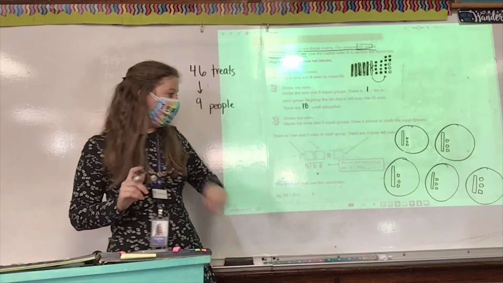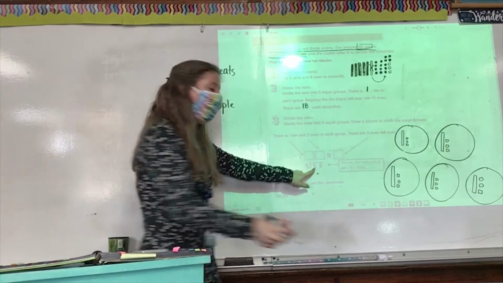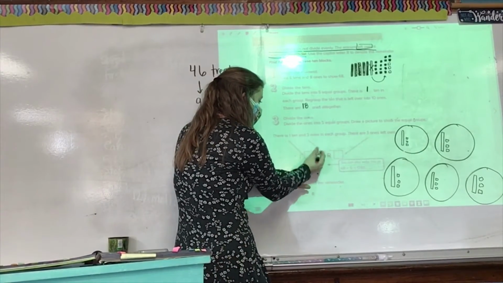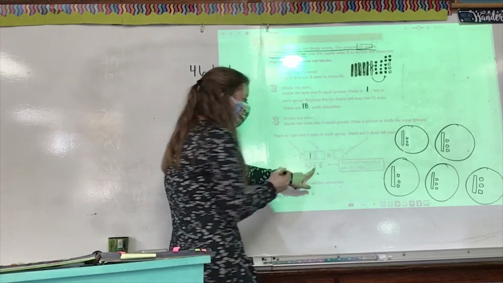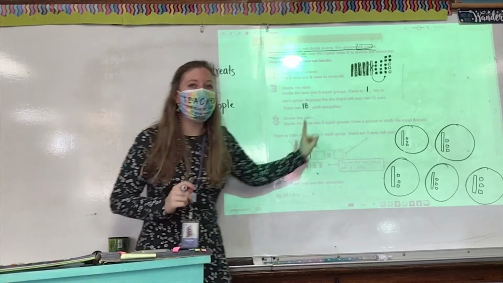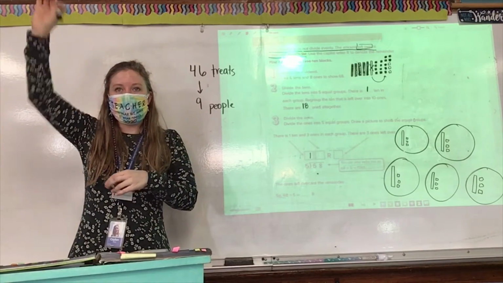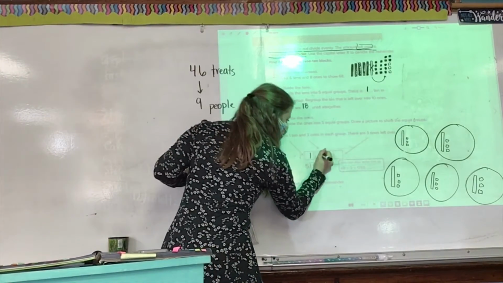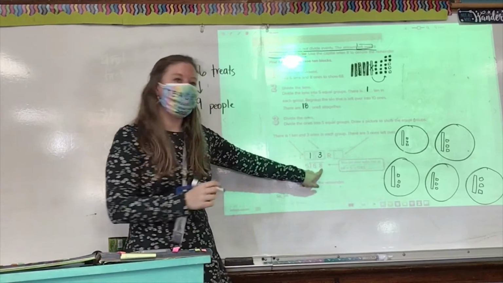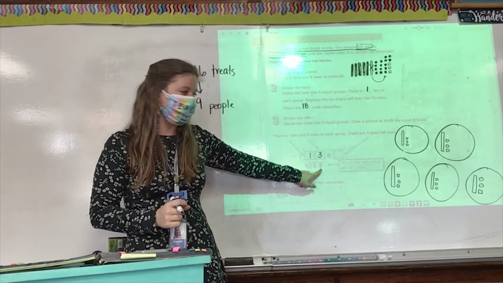Mason? 1. So I line that up with the tens place in my dividend. I have 1 10. How many ones do I have in each group? Michaela? 3. So I line that up with the ones place of my dividend.